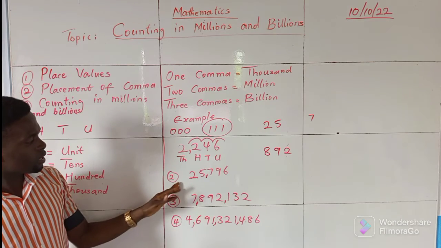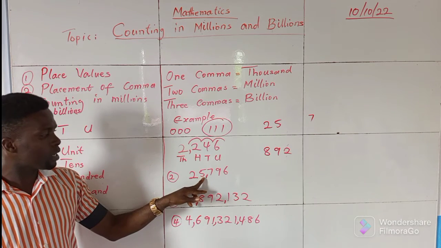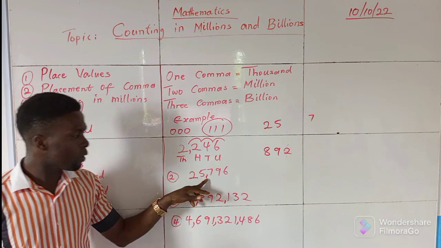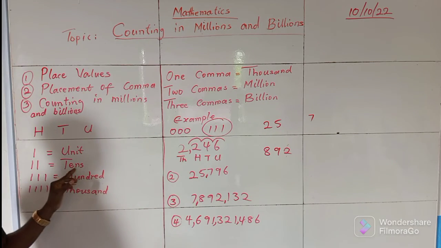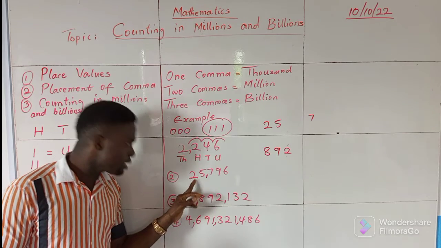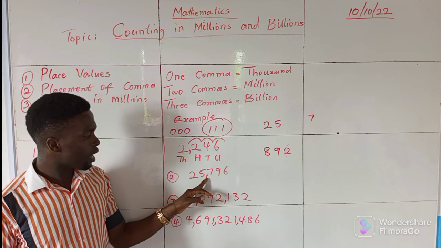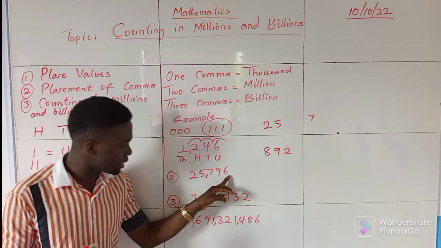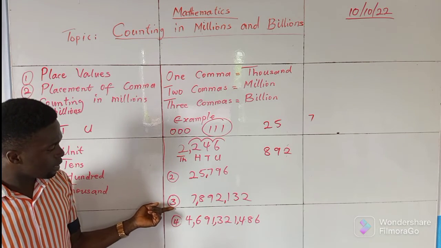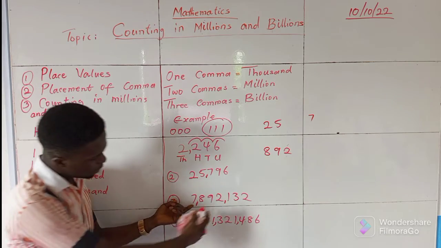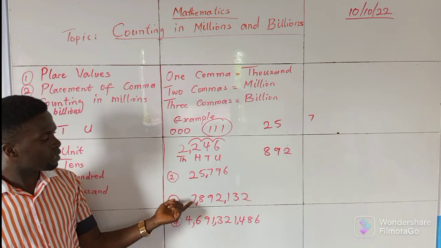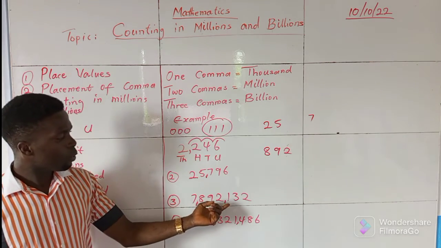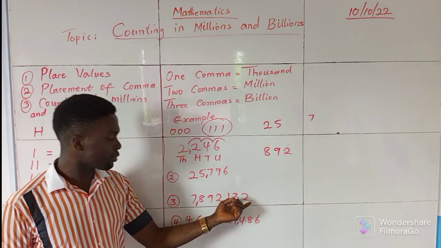Okay? So this is, we have 25, just normal 25, because it's just 2 digits after your comma, which is tens. So you call it 25,000. The comma now brings the thousand. 796. You look at 2 commas, you have 7,892,132.